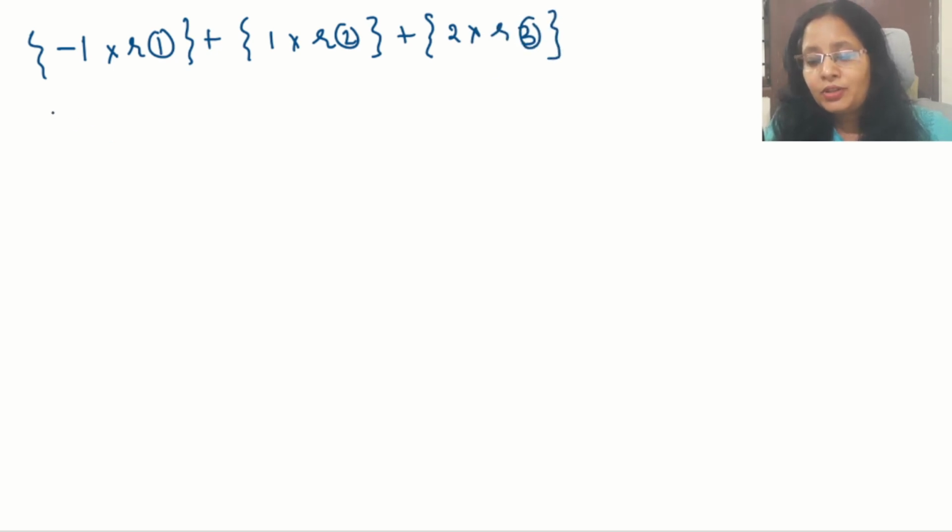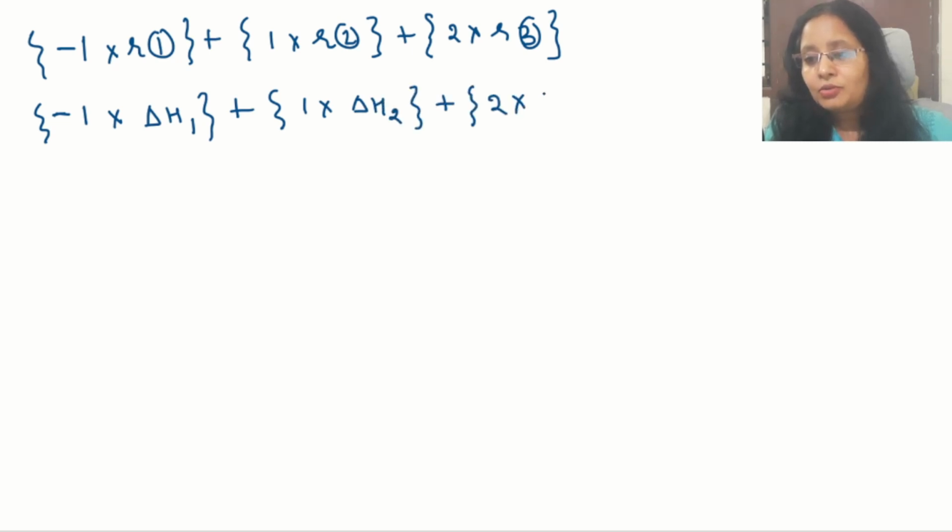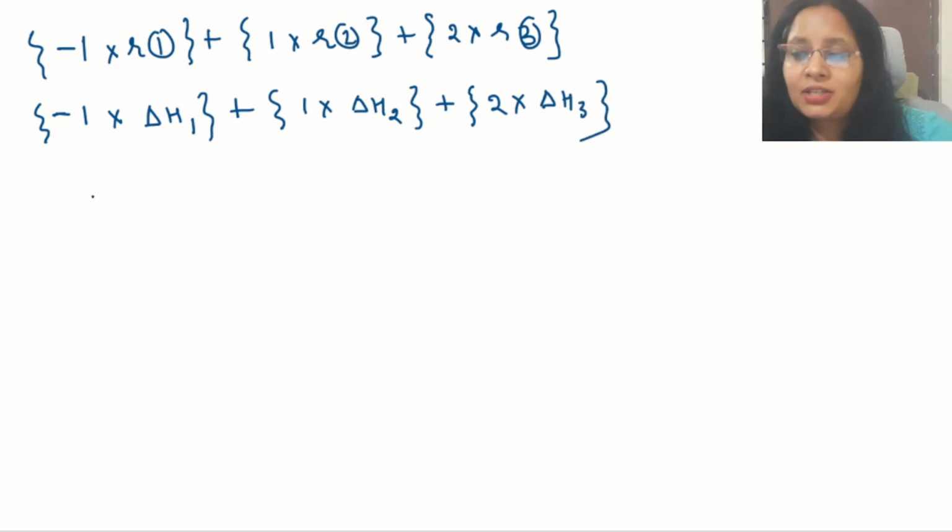Same we will do with the delta H: minus 1 into delta H1 for reaction 1, plus 1 into delta H2 for reaction number 2, plus 2 into delta H3 for reaction number 3.